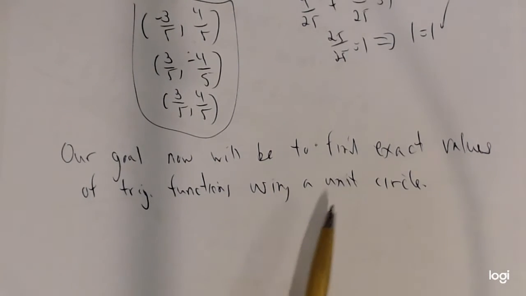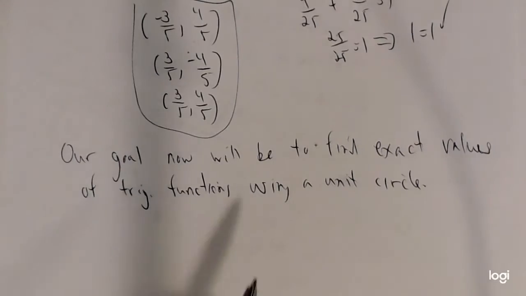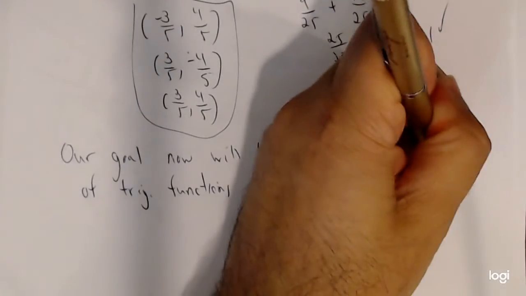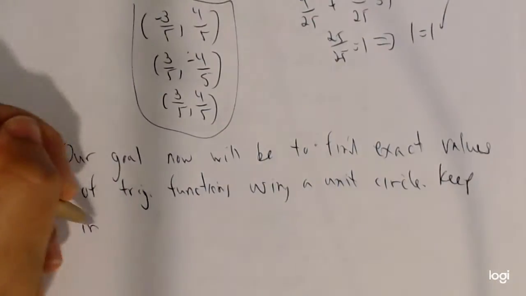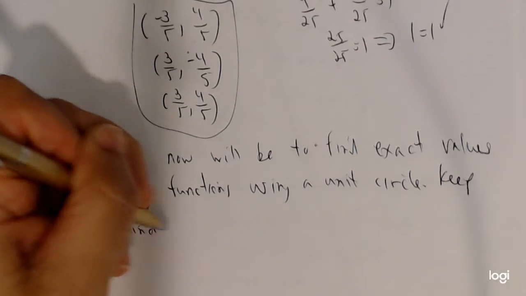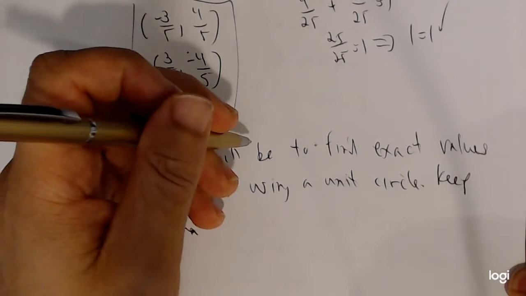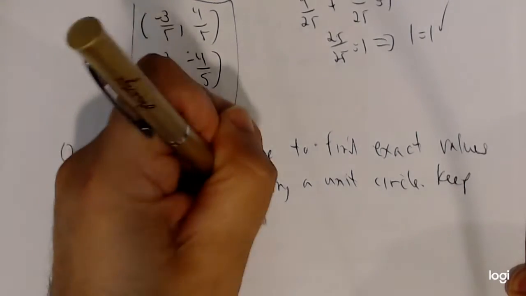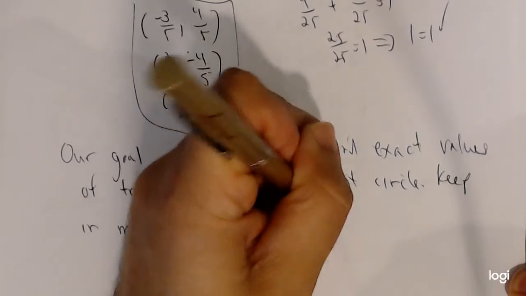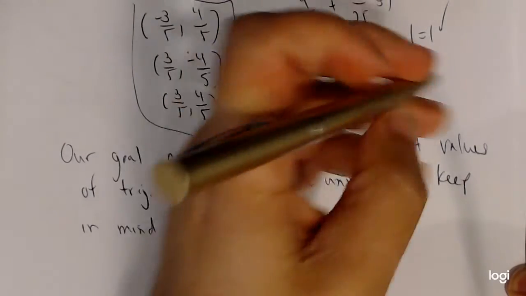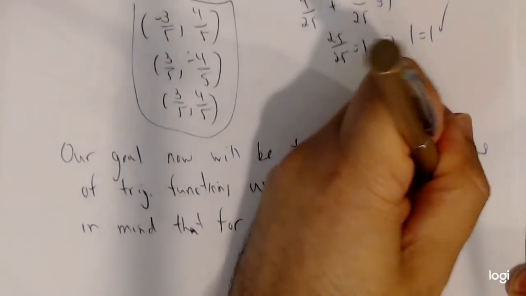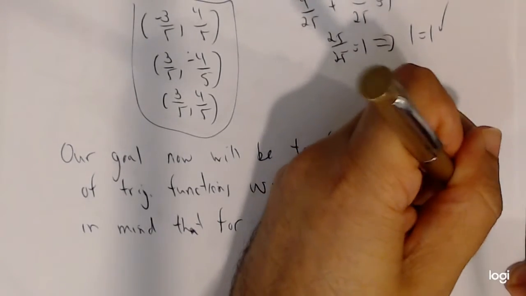The only difference now is we're going to use the unit circle. So the only thing I want to point out to you is that keep in mind that for a unit circle, r is always 1.